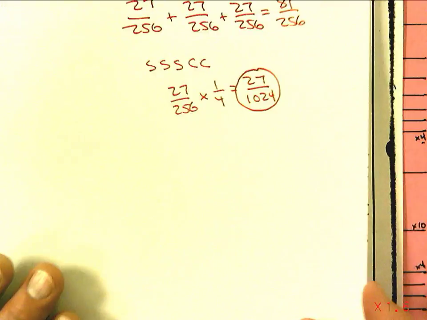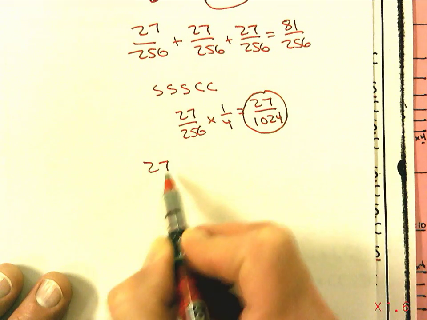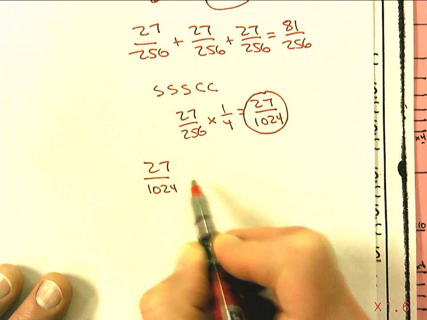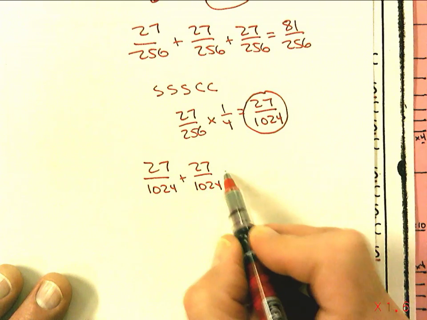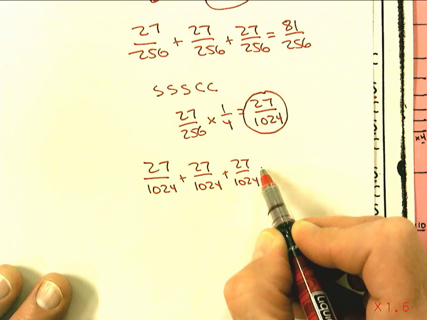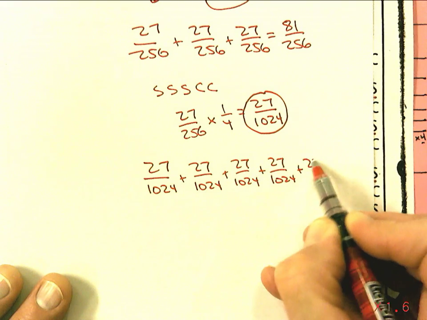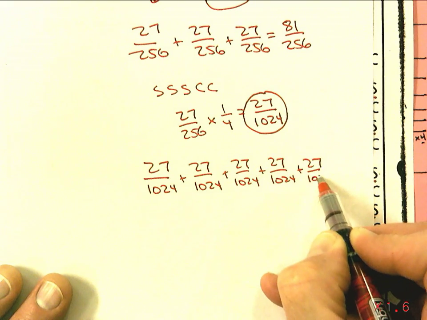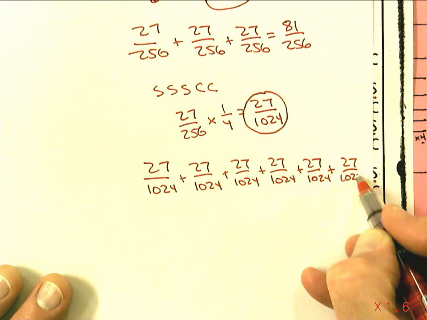Now I know this is getting really complicated, so we've got to keep track of all these numbers. 27 over 1024 plus 27 over 1024 plus 27 over 1024, these are each of the different ways, plus 27 over 1024. And I keep going until I have 6 of those, because there's 6 different ways that can happen.